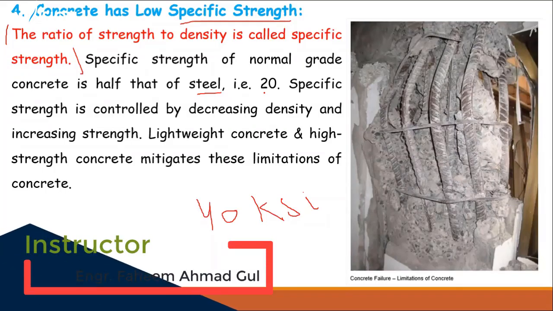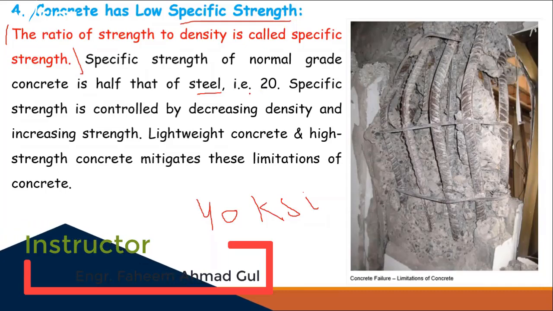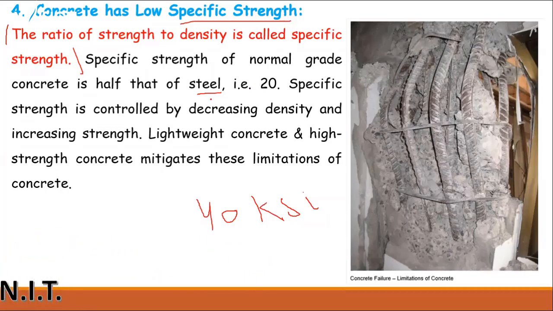So the strength of normal grade concrete will be half of steel. Specific strength is controlled by decreasing density and increasing strength. If you decrease the density and increase the strength, specific strength will automatically increase. Lightweight concrete and high strength concrete mitigate these limitations of concrete. If you use lightweight concrete and high strength concrete, then we can overcome this limitation.